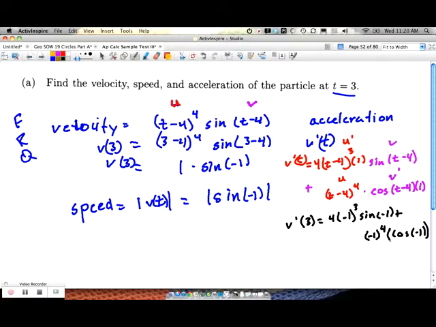Do I need to simplify that? No, I do not. If I wanted to, just for plugging it in later, which we might do, negative 1 to the third is negative 1 times 4 is going to be negative 4, so I got negative 4 sine of negative 1 plus negative 1 to the fourth is just 1, and cosine negative 1 is just cosine negative 1.